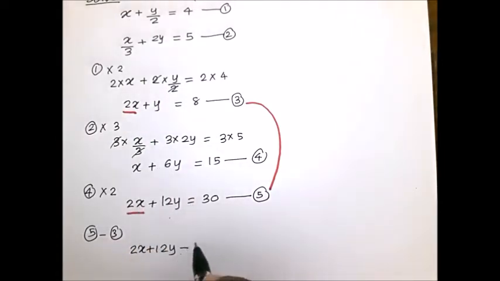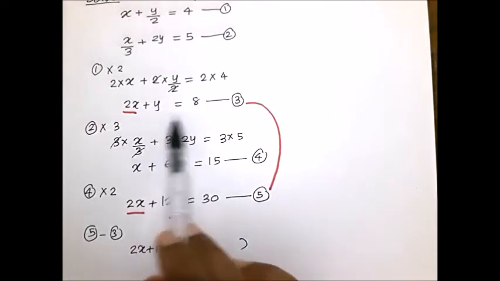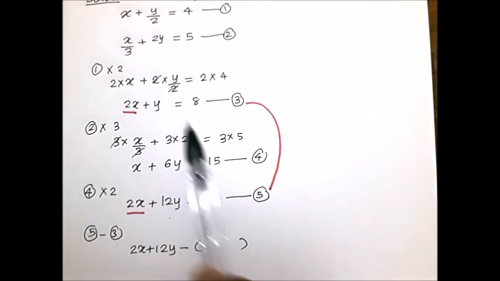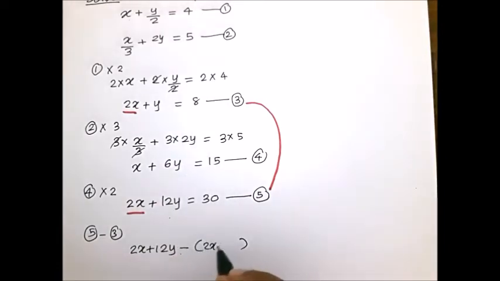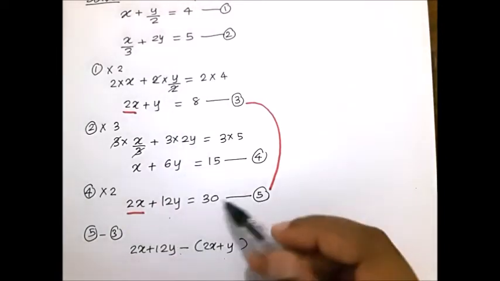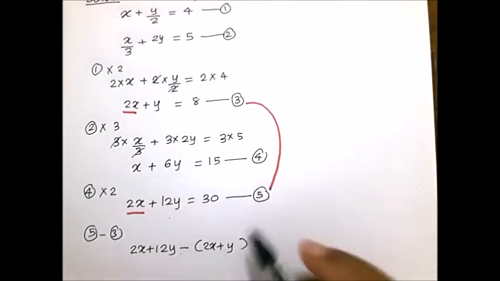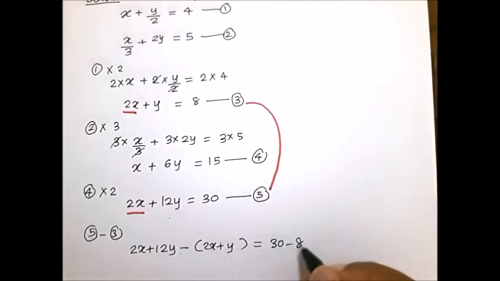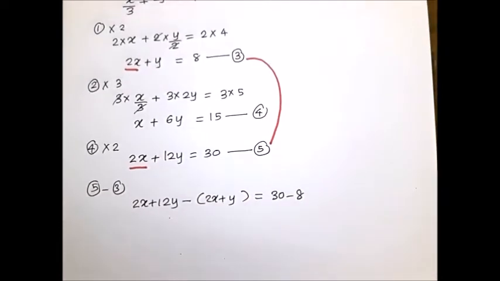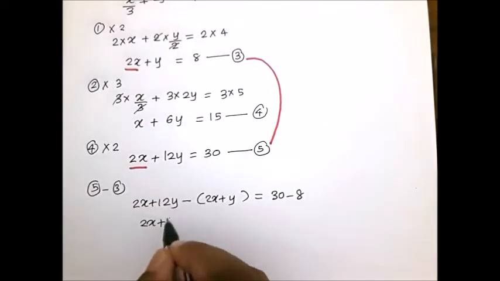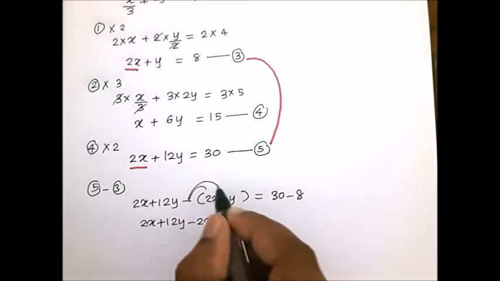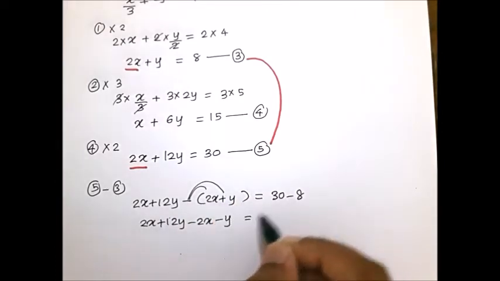When you are subtracting equations, write the left hand side of this within bracket. Then subtract right hand sides. 30 minus 8. Now remove brackets. 2x plus 12y minus into 2x, minus 2x, minus into plus y, minus y. 30 minus 8, 22.